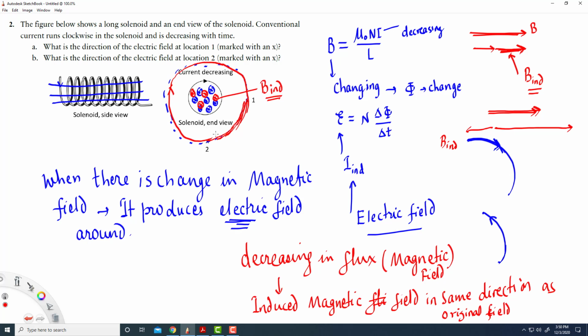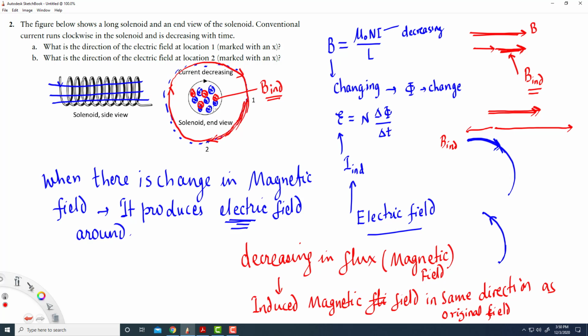So point your fingers into the screen and then hold the loop. Your thumb would be pointing that direction, so it's clockwise. Okay, and this imaginary current is due to the electric field.